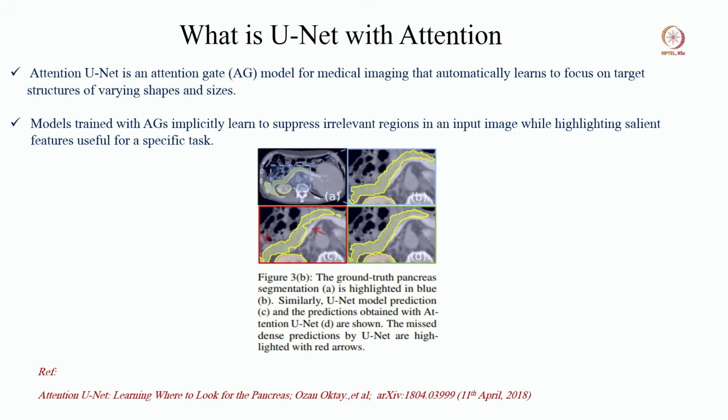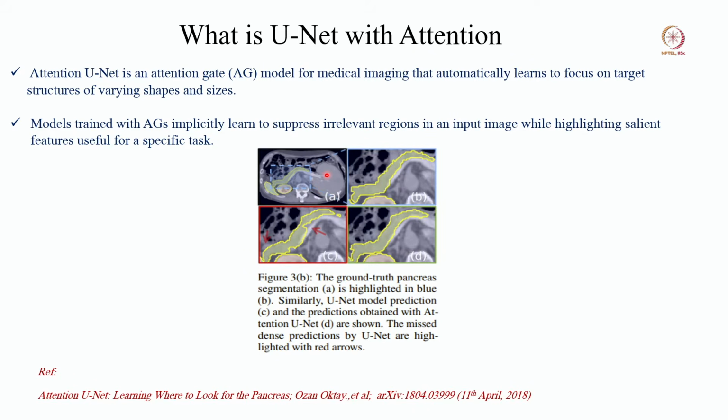Okay, and I have taken one picture from this original paper itself. This is the ground truth of a pancreas. This is a medical image and this is the pancreas region, which is the ground truth, highlighted with blue color.